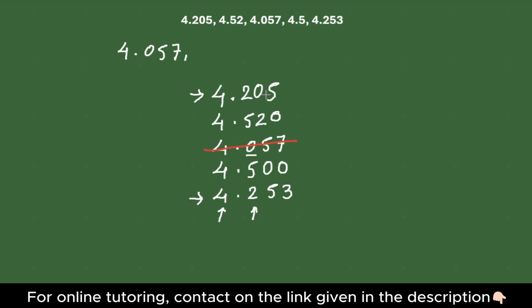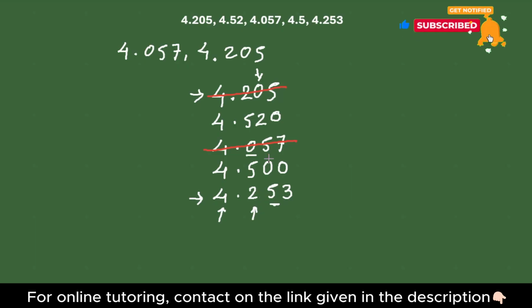So the next digit is 0 and here it is 5, and 0 is smaller than 5. So the next smallest is 4.205. Let us write it here. 4.205. Now this number is done, so let us cross it out.